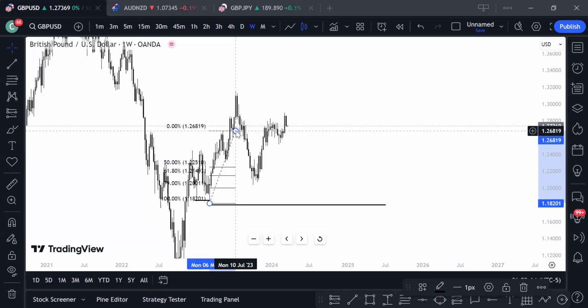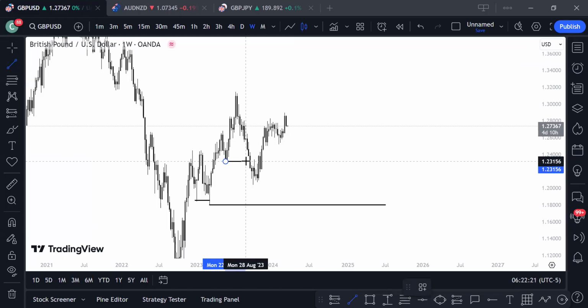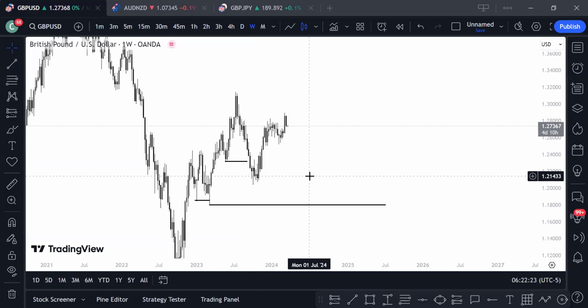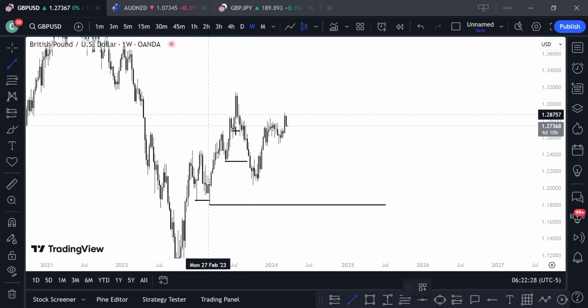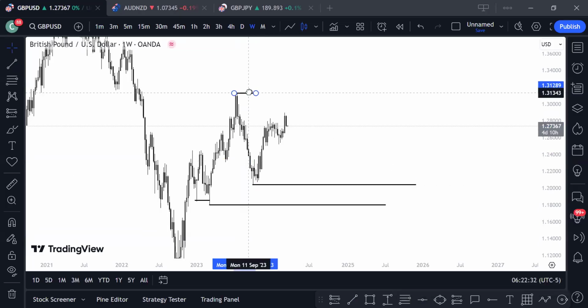It's not up to 50%. So to me, this is not a valid structural liquidity. But this could serve as structural liquidity only if price takes this guy out.